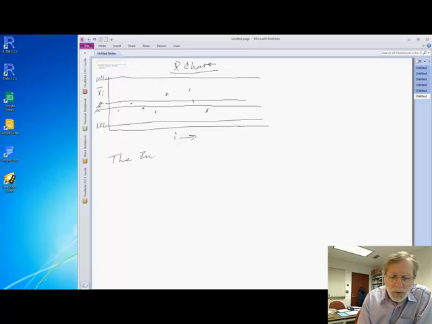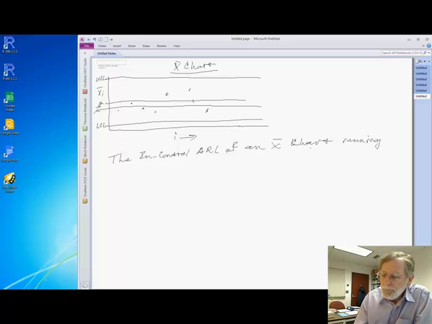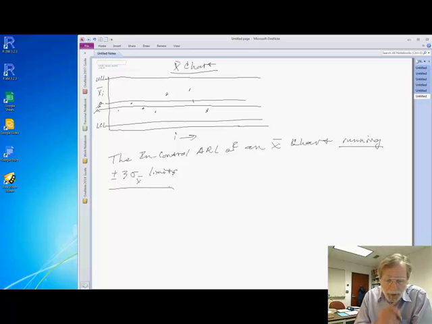The in control ARL of an X bar chart running plus minus 3 sigma X bar limits. Notice that I say running a particular set of control limits, based on a particular false positive rate.